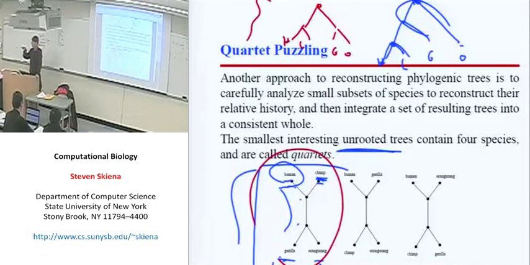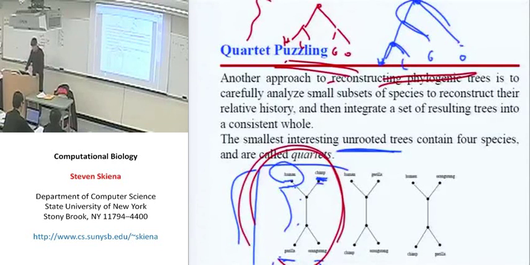So there are 2 rooted trees on 4 nodes that get explained by the same unrooted tree quartet.